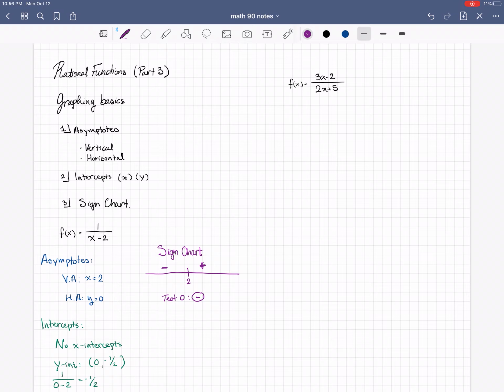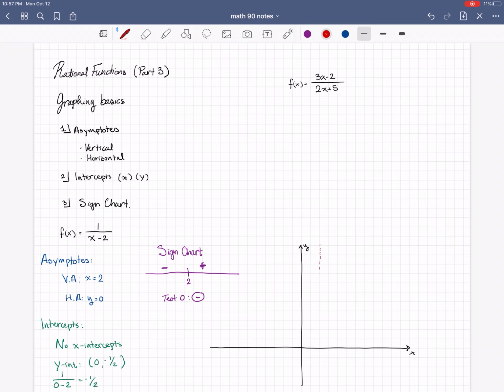So now let's put all of this together. When graphing a rational function, I always start by really carefully labeling my asymptotes. I tend to do it in red.